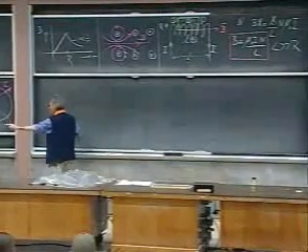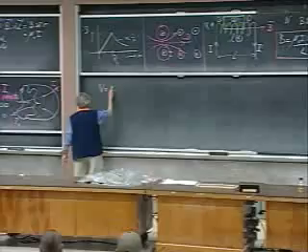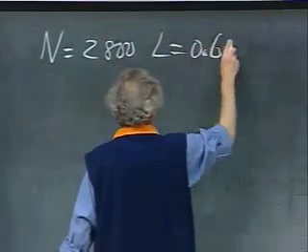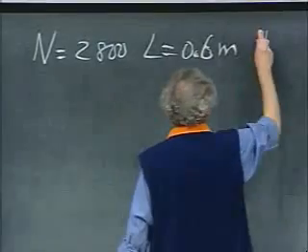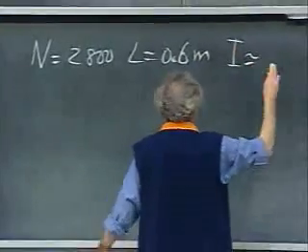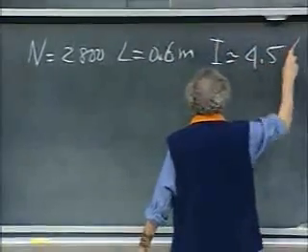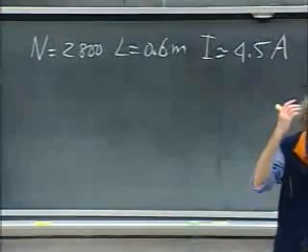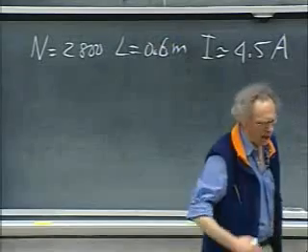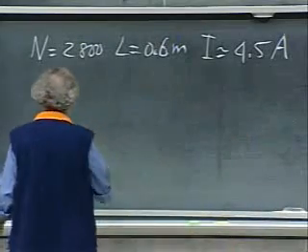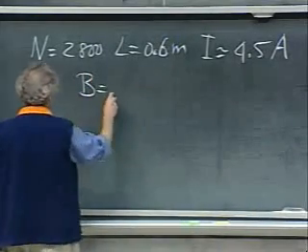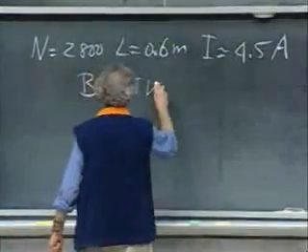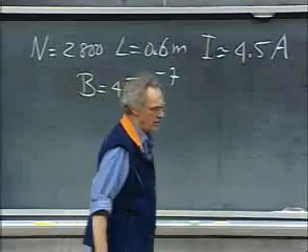I'll work out a numerical example which is aimed at a demonstration that comes shortly. We have here a solenoid whereby n is about 2800 and L is about 60 centimeters, that is 0.6 meters. And I'm going to run through there a current which I really don't know yet, but it's going to be close to 4.5 amperes. We will see when we do the demonstration. And so I can calculate now what the magnetic field is going to be. So the magnetic field strength is going to be 4 pi times 10 to the minus 7, because that's what mu 0 is.